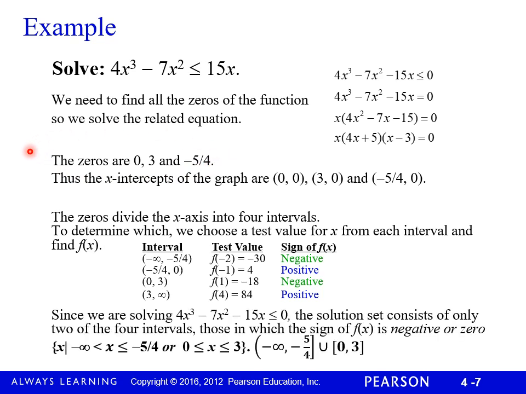So our final solution here is x such that x is between negative infinity and negative 5/4, including negative 5/4, or where x is between or including 0 and 3. In interval notation, we get parenthesis, negative infinity, comma, negative 5/4, bracket, union, bracket, 0, comma, 3, bracket.